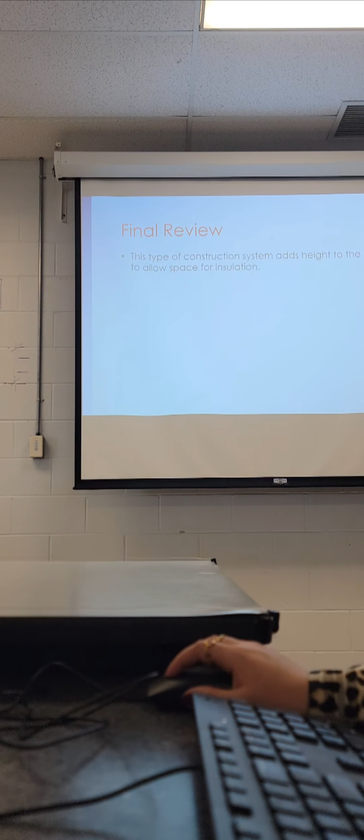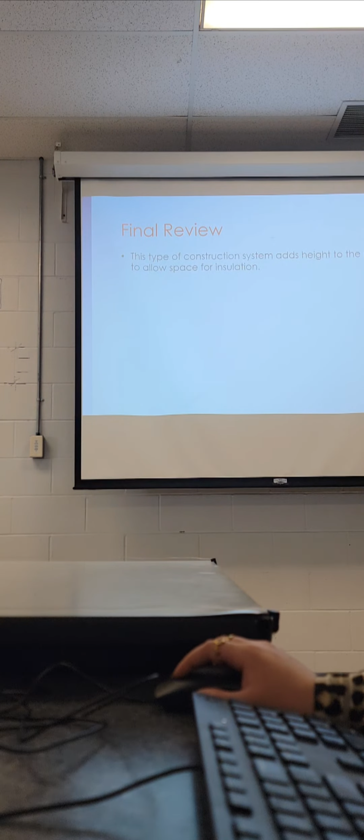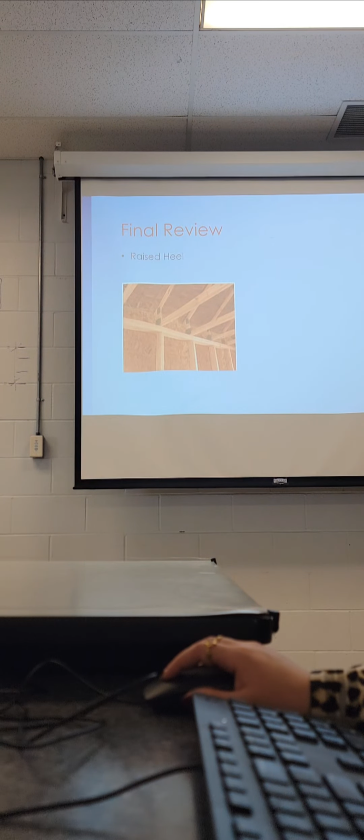The space to be able to put insulation is called the raised heel. It's on your drawings, and it allows space for that insulation. So that will be a question. You don't have to think about it.